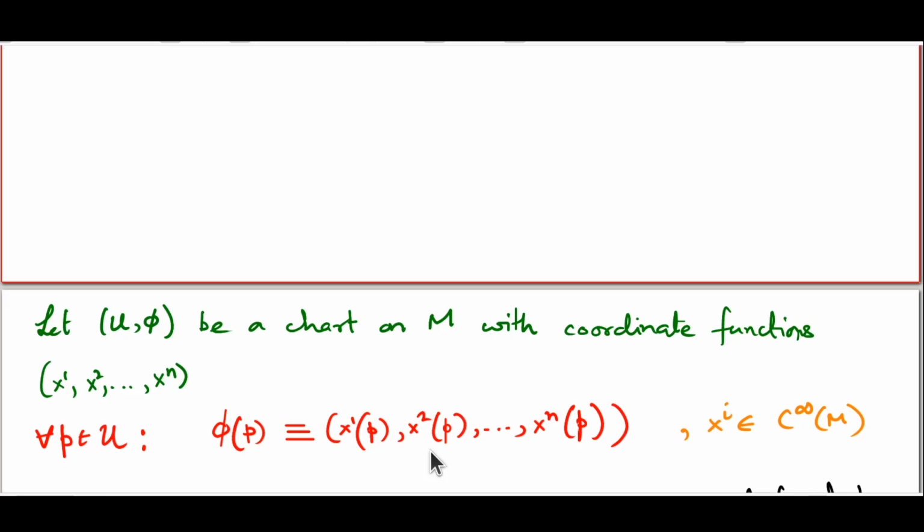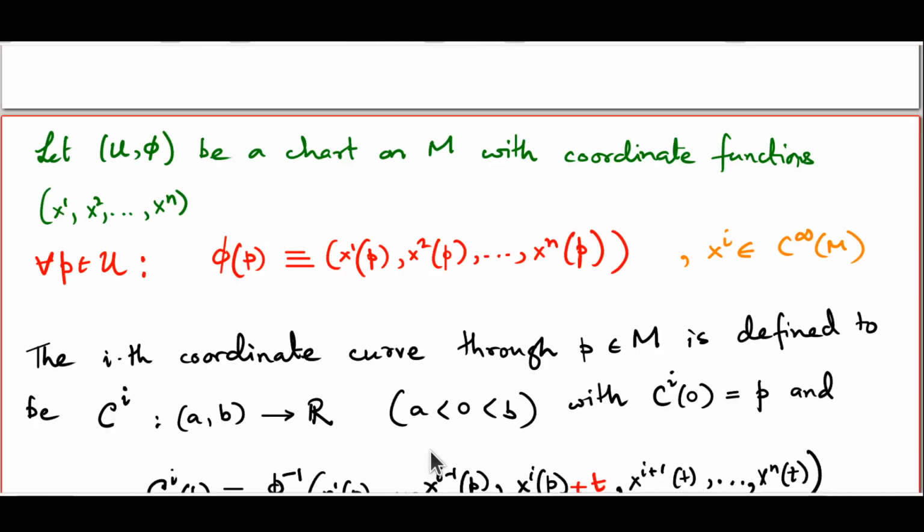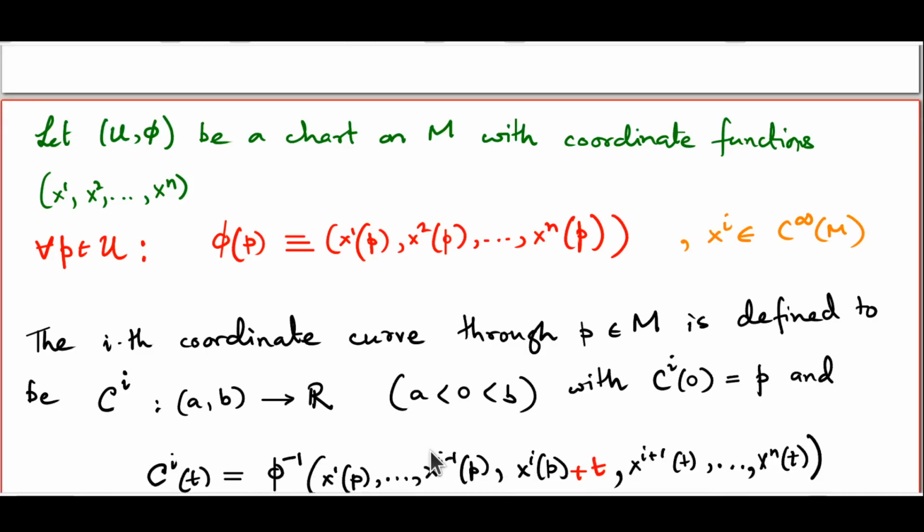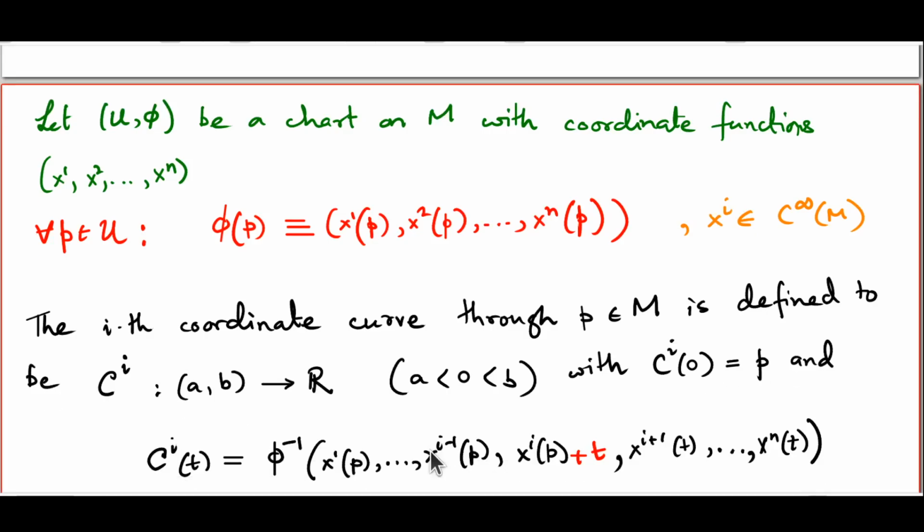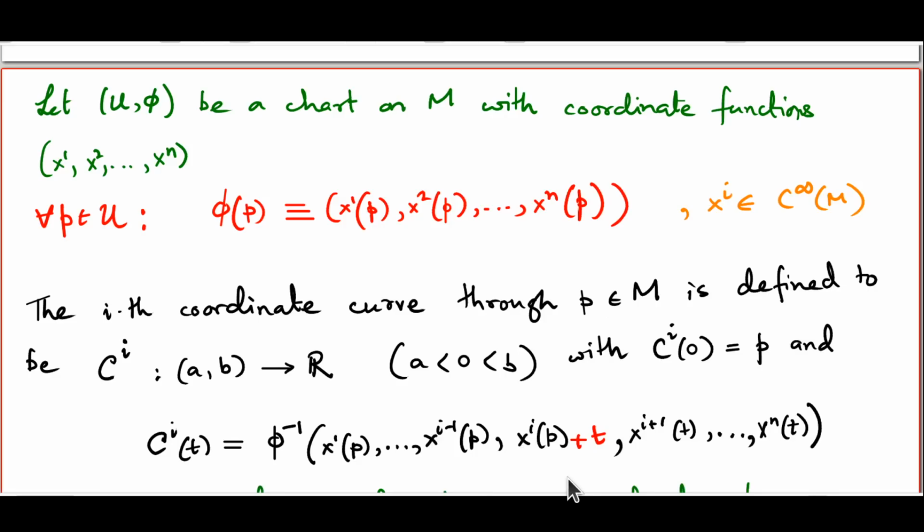Now, given these coordinate functions, we can define a coordinate curve. The ith coordinate curve through P, a point on the manifold, is defined to be the curve Ci. We are talking about the ith coordinate curve, so this is C suffix i, which maps the interval (a, b) to M, where this interval contains the number 0.